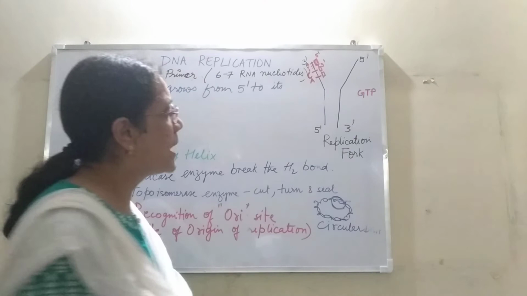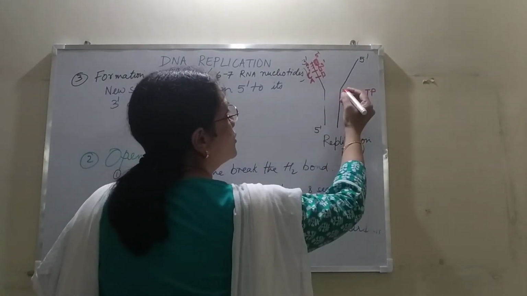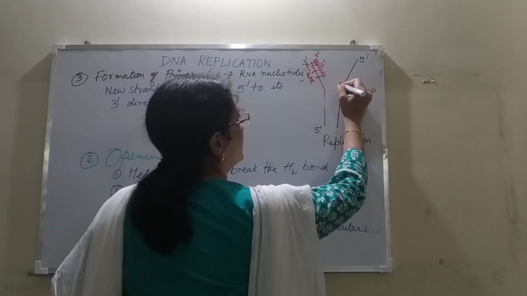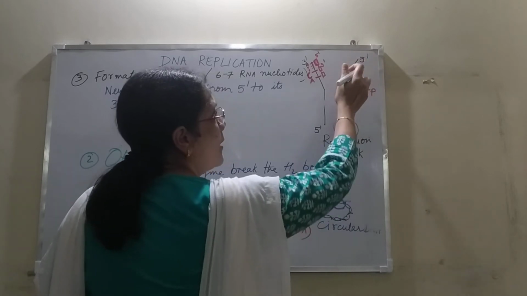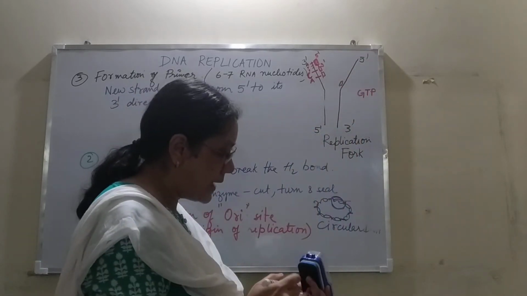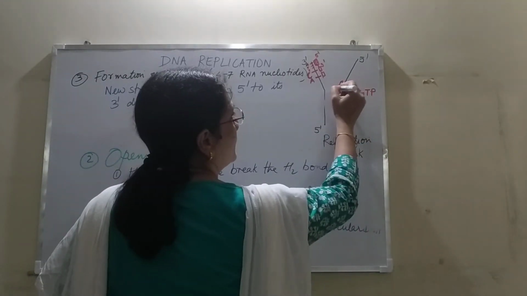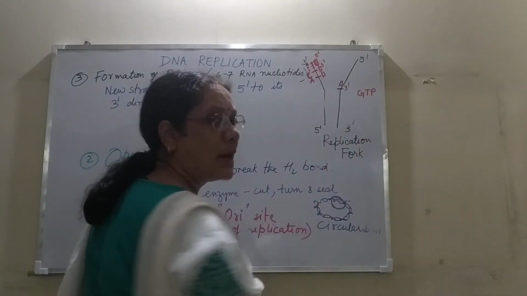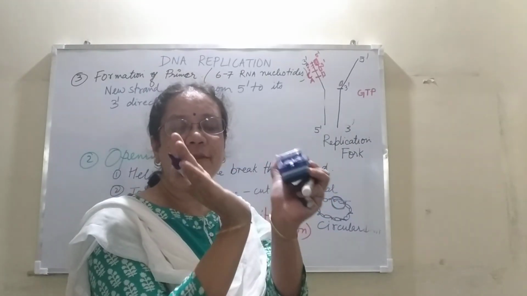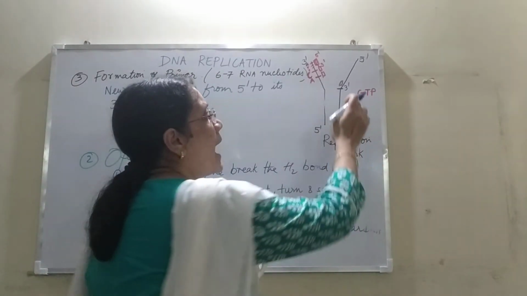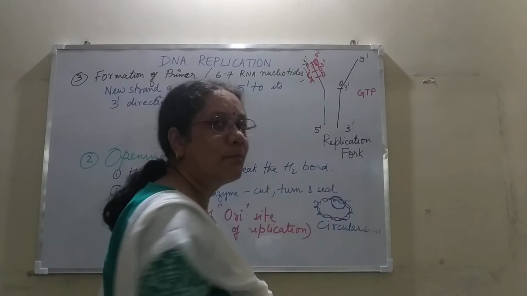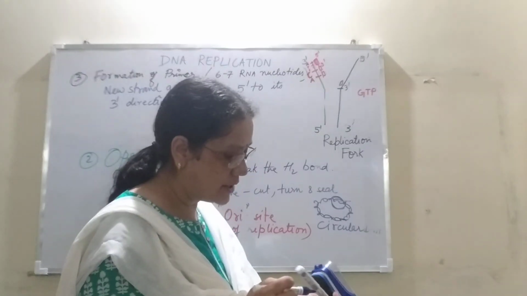The RNA primer of the second strand is going to join somewhere here. If this is the 5 prime to 3 prime, there will be a 3 prime somewhere here. Since the fork has opened, at that 3 prime, the primer is going to come and attach.